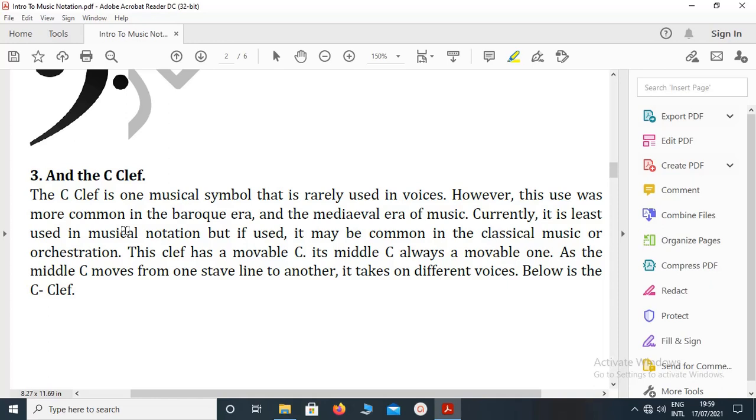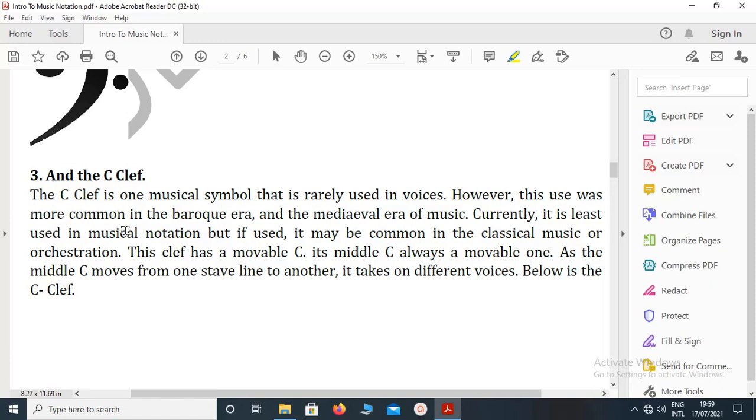Currently, it is least used in musical notation, but if used, it may be common in classical music or orchestration. Sometimes we use it to represent certain instruments, for example, the alto voice, the tenor voice, and even at some point the soprano voice, which is least used.